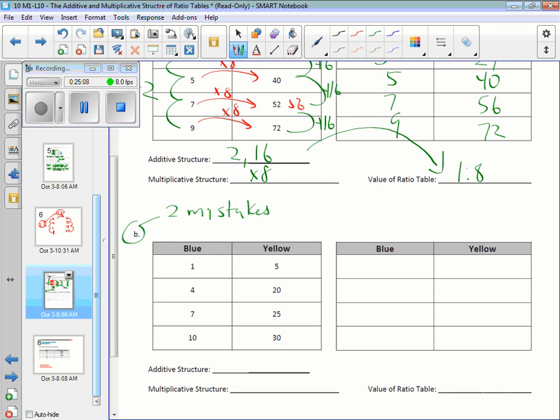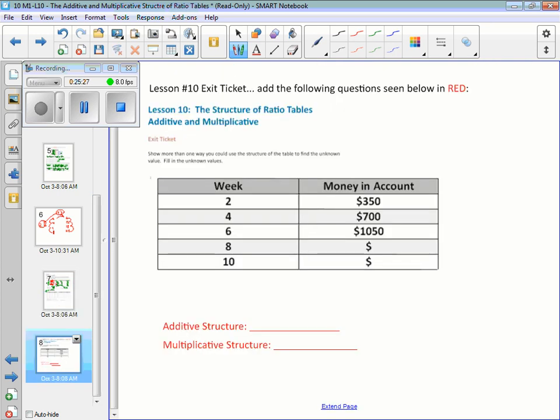On your exit ticket, first thing I want you to do is everybody fill out your heading. Wait, what number? 10. Fill out your heading so there's no problems, no issues. And then here's the change. My changes are in red. I want you to add a line for additive structure and multiplicative structure because it's not on there.